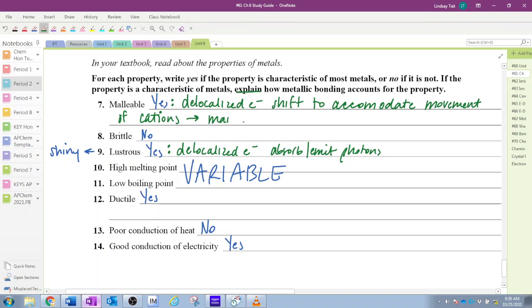That means that you can maintain the attraction that is the entire basis for the metallic bond the entire time, that attraction between negative delocalized electrons and positive cations. Even if the cations move around because you hit them, the delocalized electrons can always move anyways. You don't even have to hit them to do that. So you're going to maintain that metallic bond without worry.